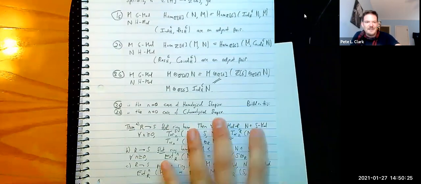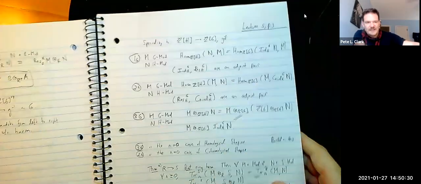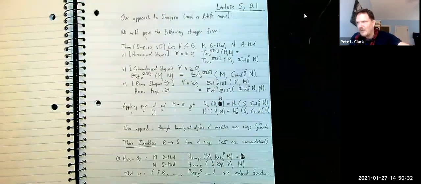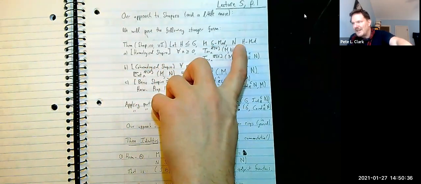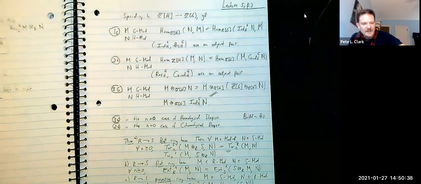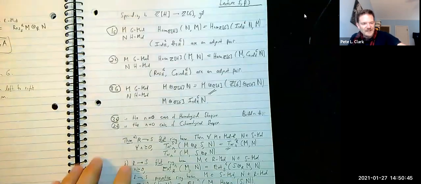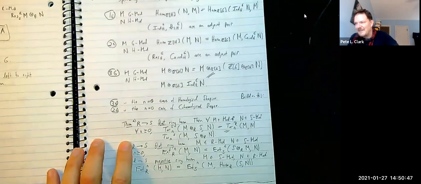So if I take R to be ZH, then now m is a ZH module and n is a ZG module. There's nothing terribly wrong with that. It just happens not to be the way I set it up. The way I set it up was that m was the ZG module and n was the ZH module. So sorry, you just switch. Literally, you go back to this statement, and you should have interchanged the names m and n here.